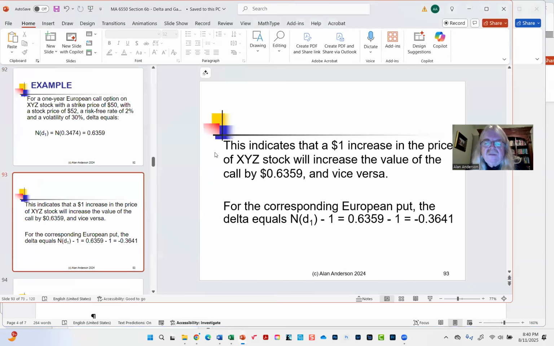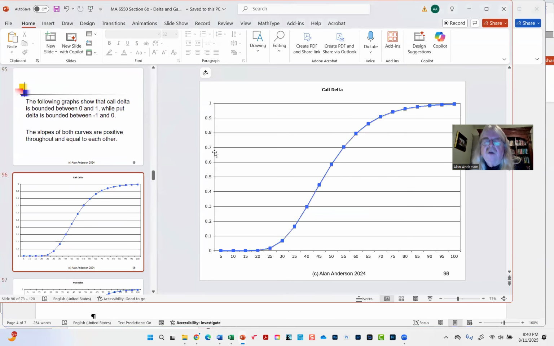All right, so, oh, by the way, here are some interesting graphs. Here's the call delta mapped against the stock price or asset price. So in this example, 50 is the strike price. This is sometimes called an S curve because it kind of looks like an S. And if you notice, it starts out very flat. The slope is close to zero.